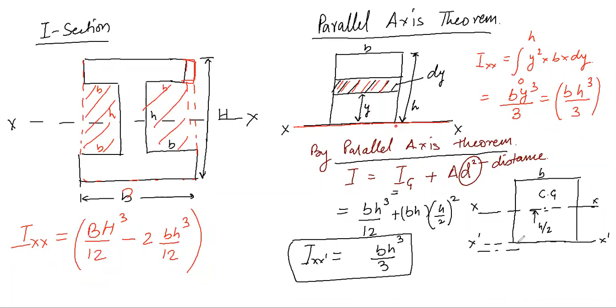Right. Now there is another method, see here, that is perpendicular axis theorem. One is defined as your parallel axis theorem, and another condition is defined as your perpendicular axis theorem.